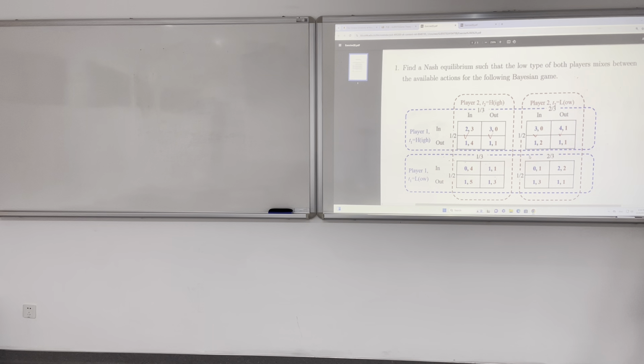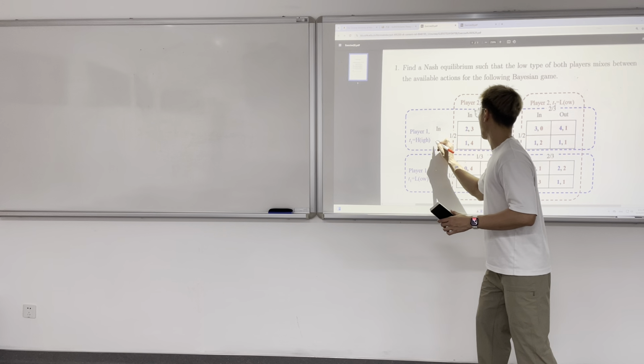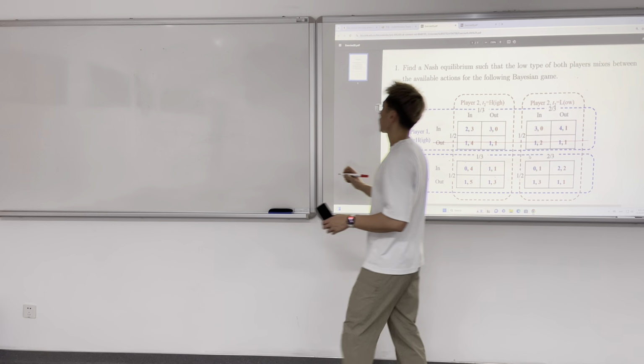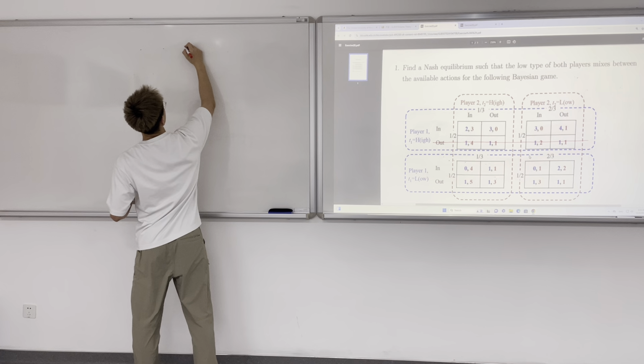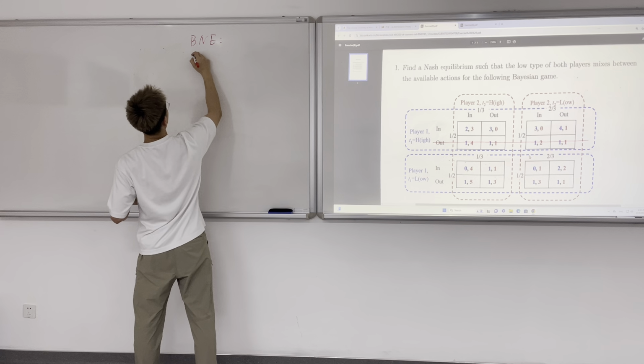So we can just erase this action, which is dominated. And we can also write here the Bayesian Nash equilibrium of this game.